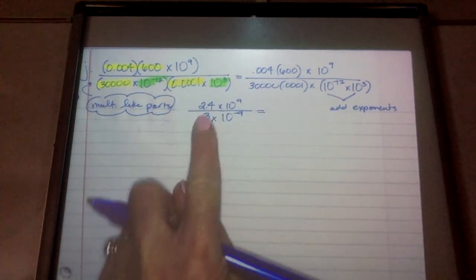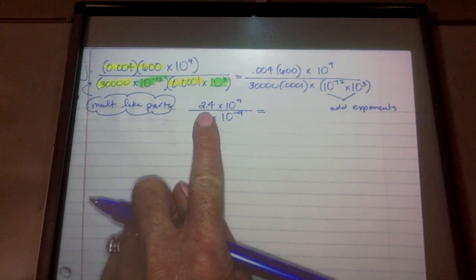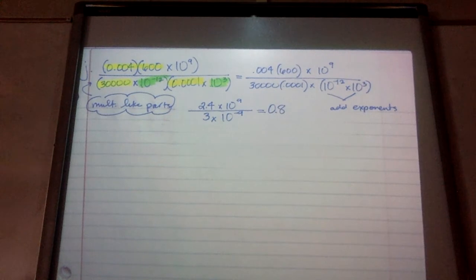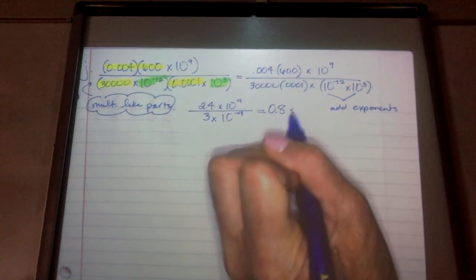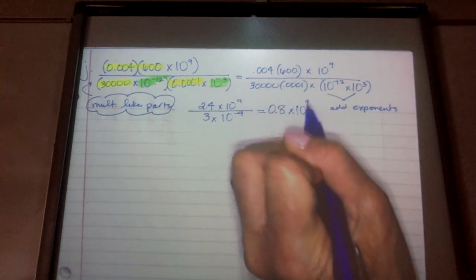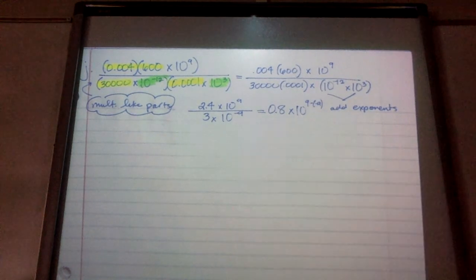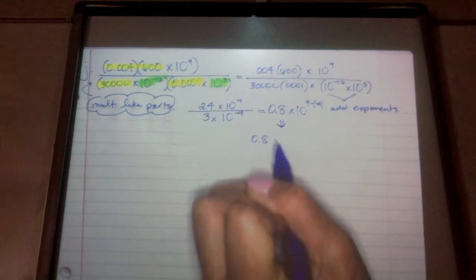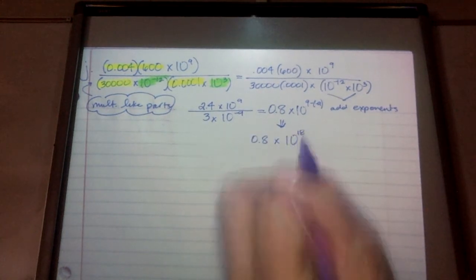So 2.4 divided by 3, and I get 0.8 times, when I divide, I'm subtracting my exponents, so 9 minus negative 9. And so that leaves me with 0.8 times 10 to the 18.